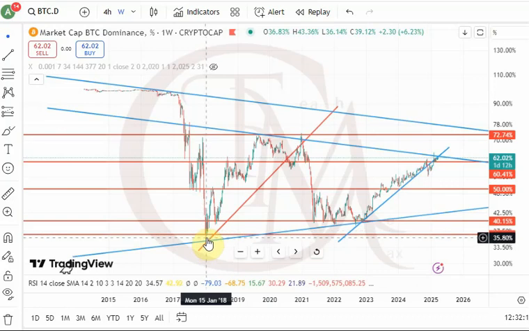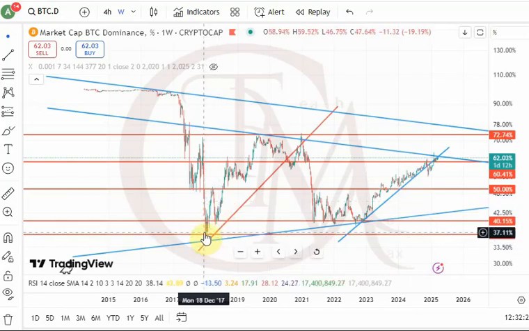This shows that as Bitcoin starts to grow and the market starts to rise, buyers' interest in altcoins and other cryptocurrencies to earn higher profits will move to other cryptocurrencies, and Bitcoin dominance will decrease because the profits in altcoins are several times higher than Bitcoin.